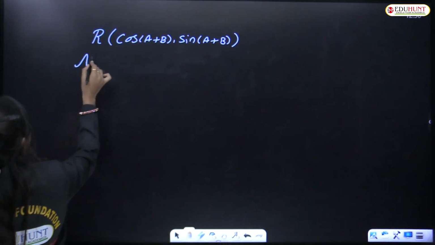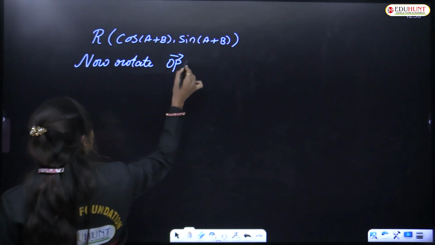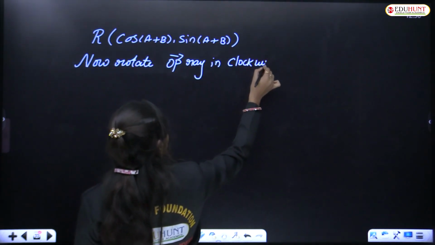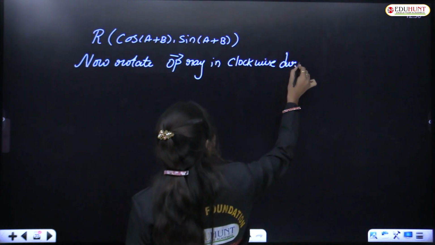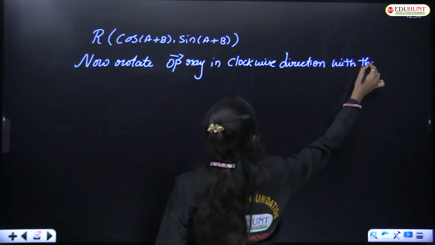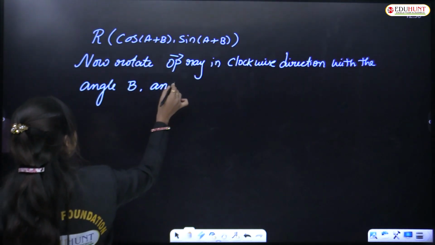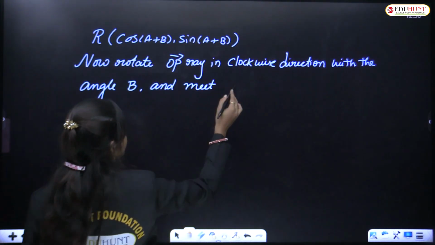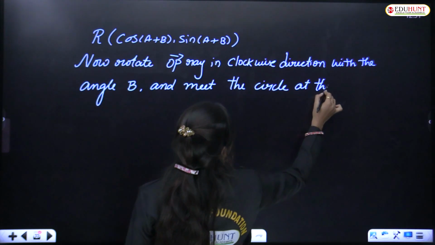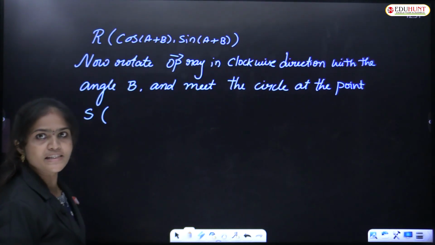Again, now rotate the OP ray in clockwise direction with the angle B, and meet the circle at the point S. So what are the coordinates of S here?